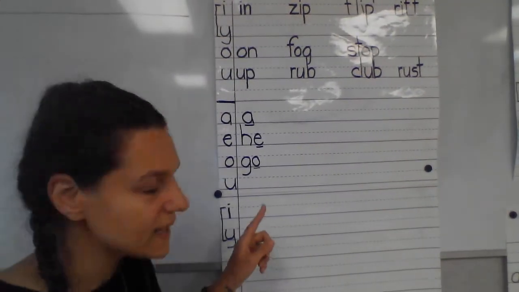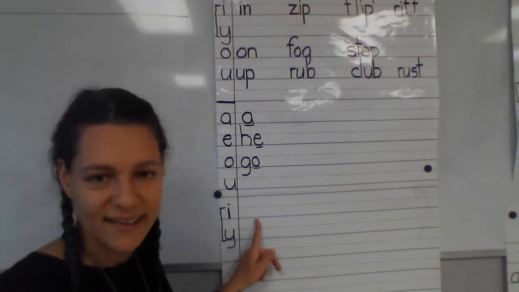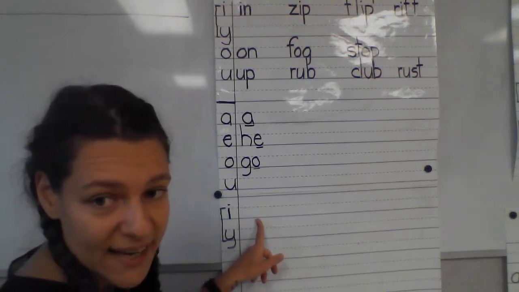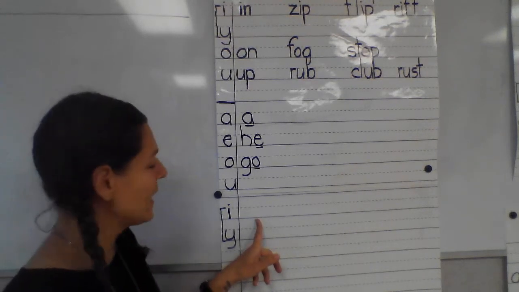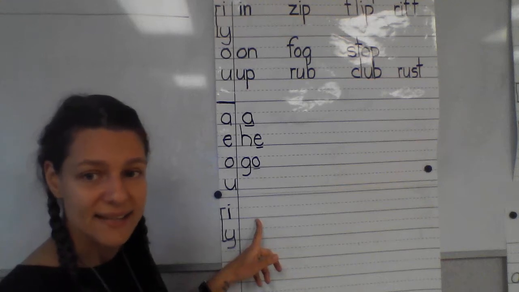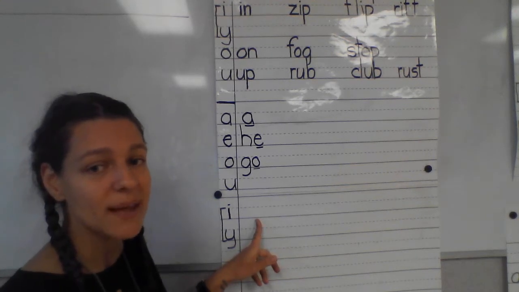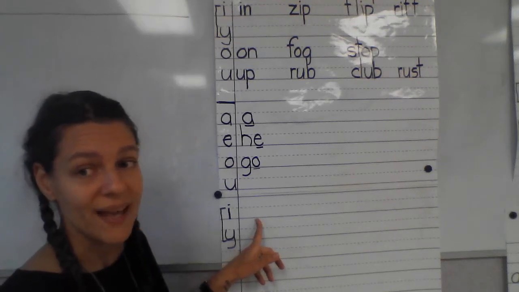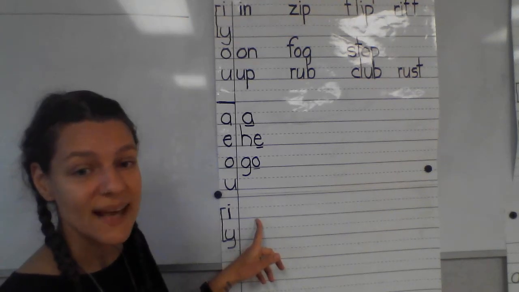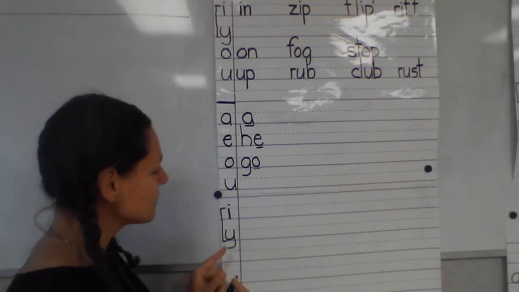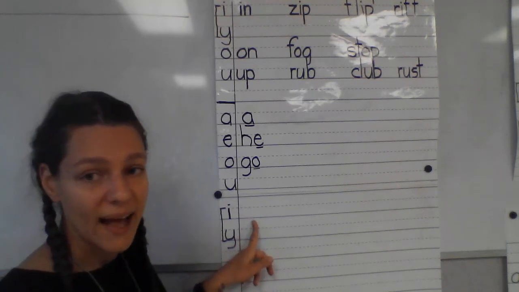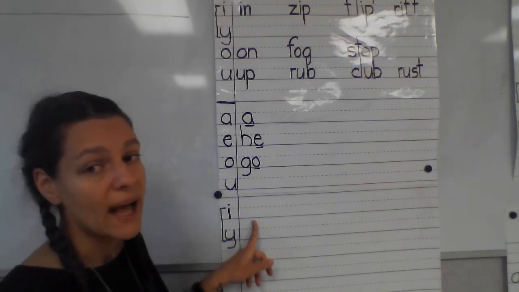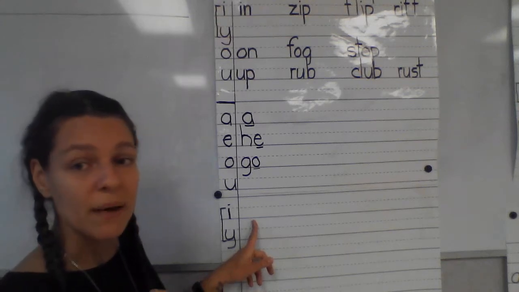All right, class, what do I need to write to spell I? Good. I just use an I. What lets our I say its name? Can you say it with me? I and Y usually say E or I at the end of a syllable, but may say I. And what kind of I do I need to use when I am talking about myself?